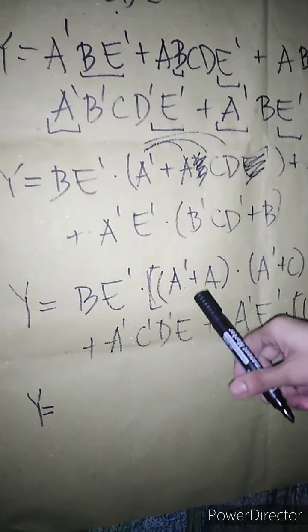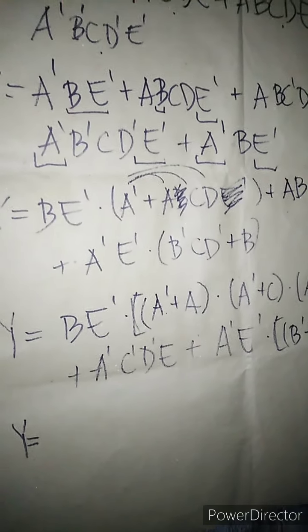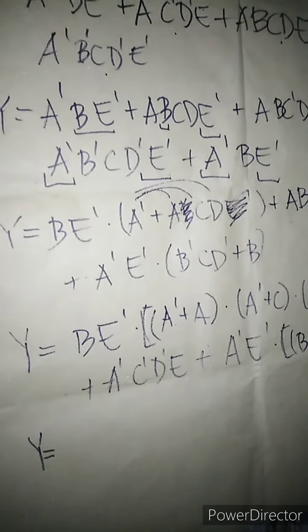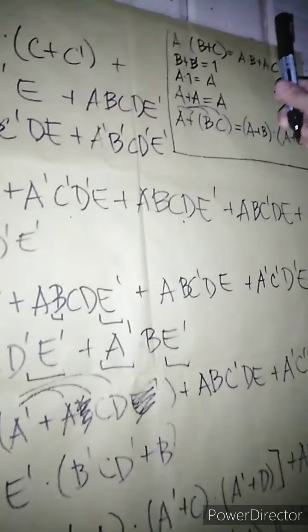We all know that A complement or A will result to 1. And A and 1 will result to the same term.